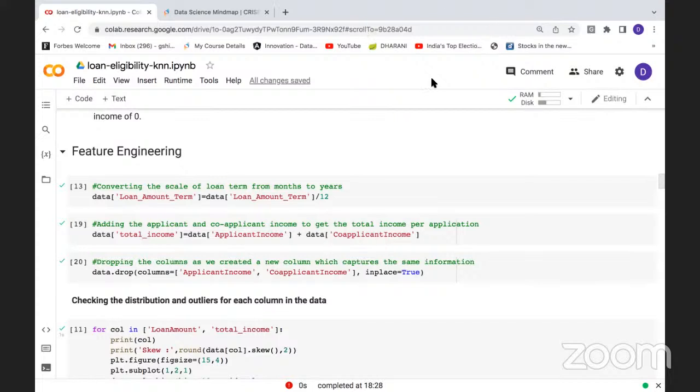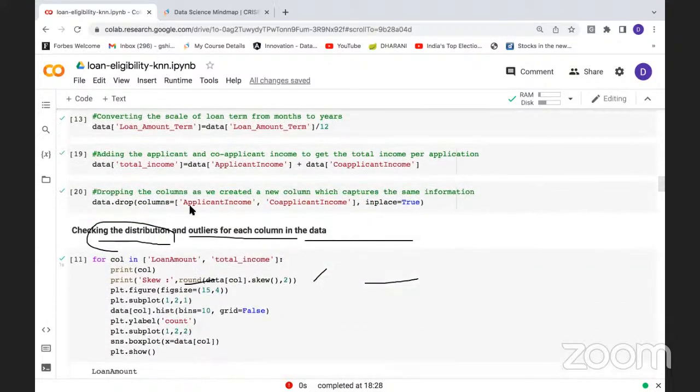So I go to the data set, take this income plus this income. Sorry, one minute. So you are getting total income. Now that I have a new variable, I can delete these two. inplace equal to True will replace the data in the original data set also.